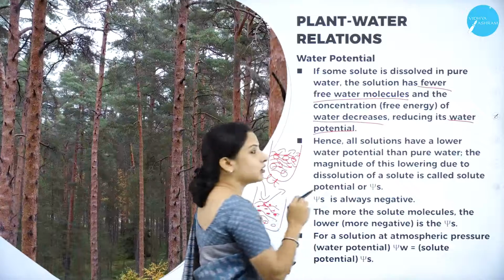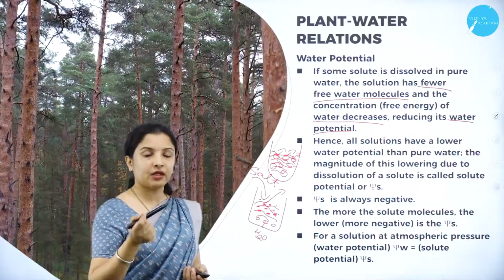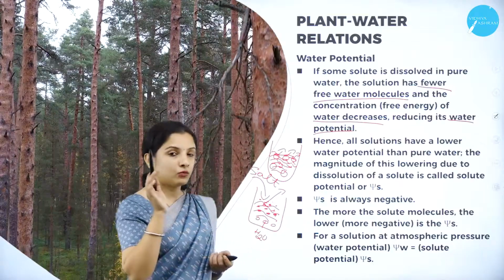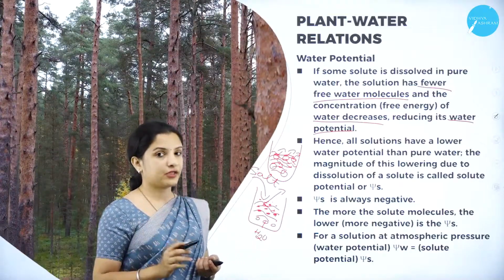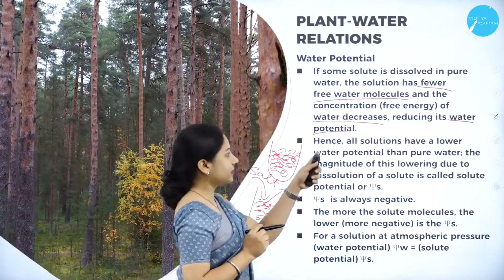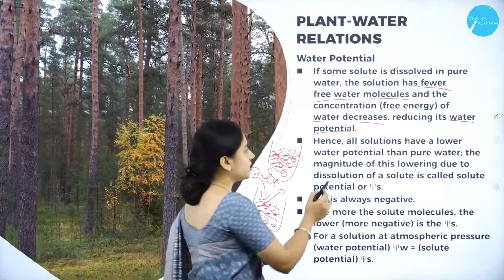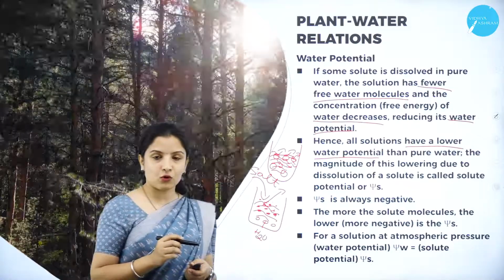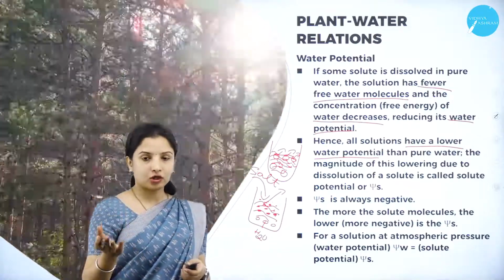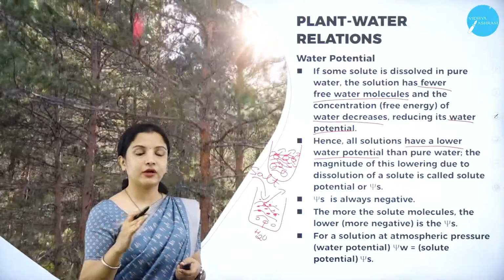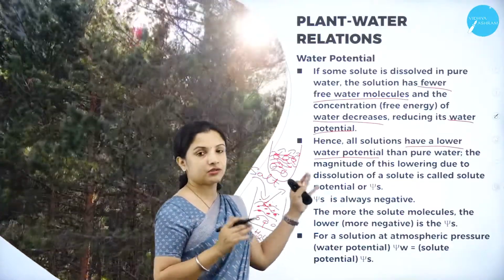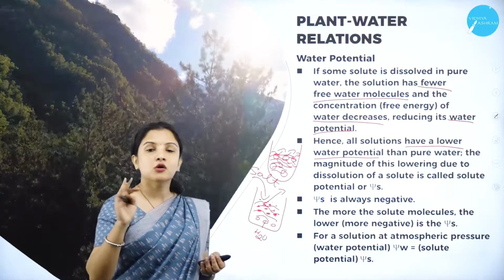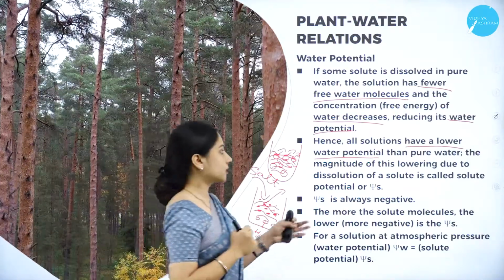The water will not be able to move freely if it has more solute in it. So that is why the water potential always depends on the solute potential. Hence, all solutions have a lower water potential when compared to pure water. For pure water, the water potential is always equal to 0. It is neutral. But solutions always have a lower water potential when compared to the water potential of pure water.